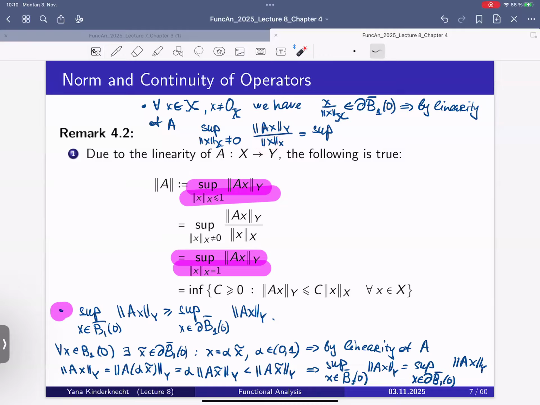Then, again using the property of the norm, a positive constant can be pulled outside or in. And then I use the linearity of A, so this constant can be put even here. So this is the supremum, and here we have A of x over norm of x, everything in Y. Again, the same supremum.